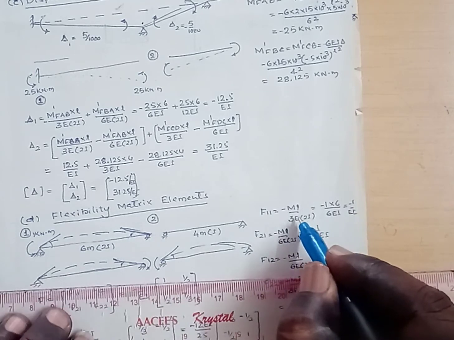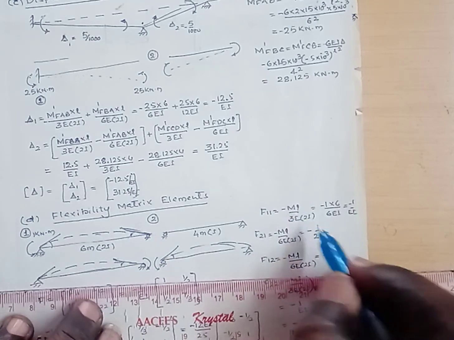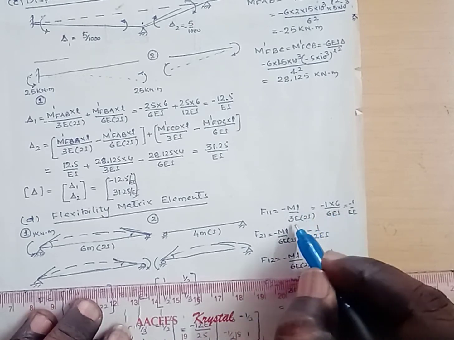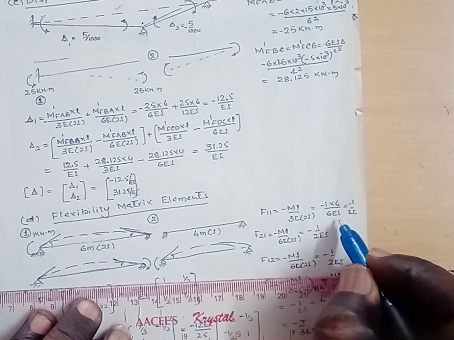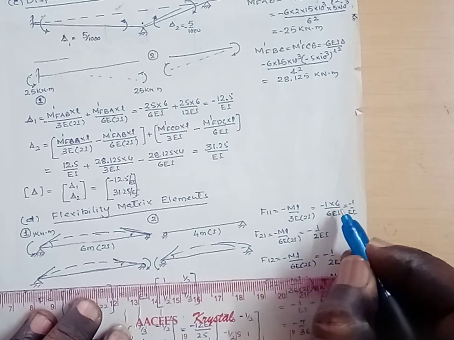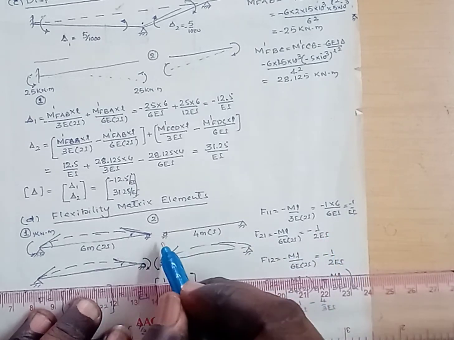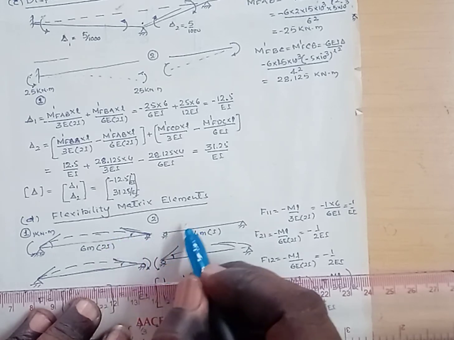The deformation or displacement is given by minus ML divided by 3EI. By substituting the values of moment as 1, length as 6 divided by 3E, and moment of inertia as 2I for span AB, the 6 gets cancelled, giving minus 1 over EI. Similarly at 2, the two spans are connected, BA and BC.